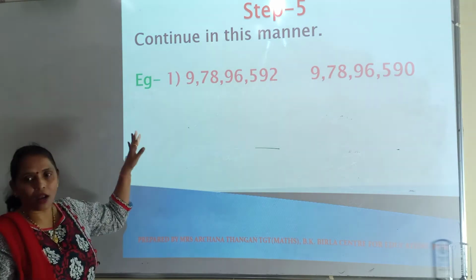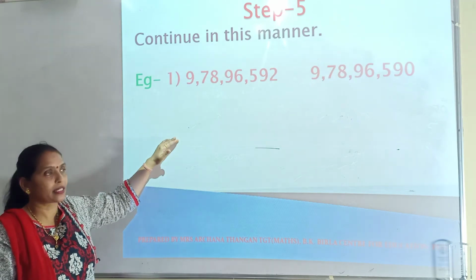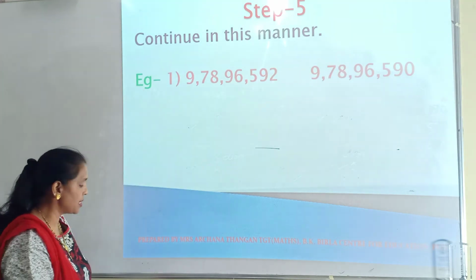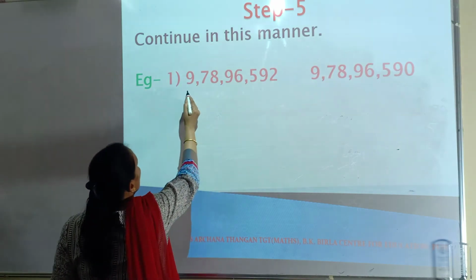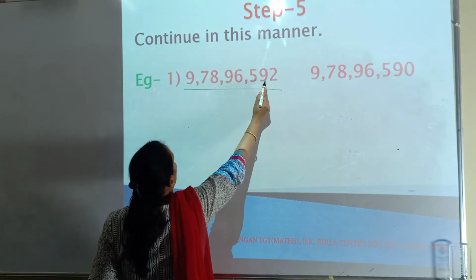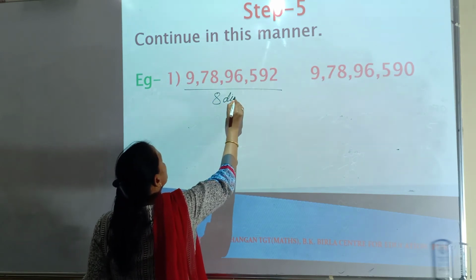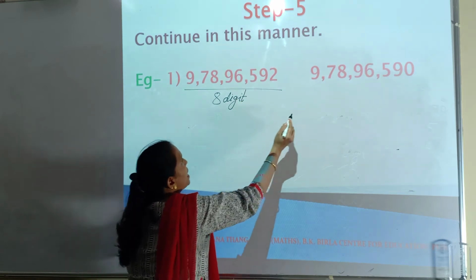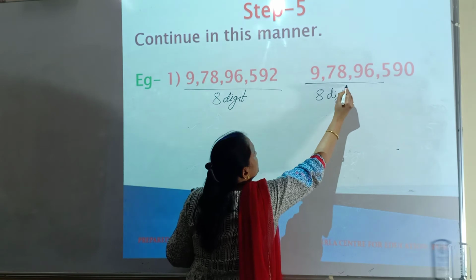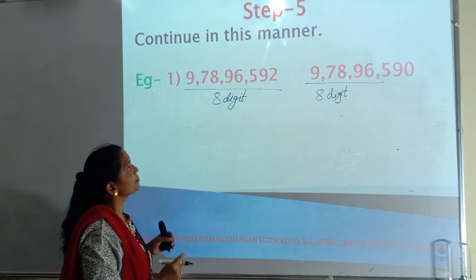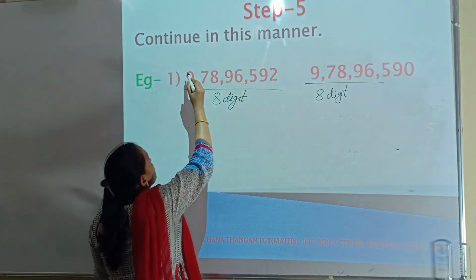So this is the way you have to continue these steps. You have to check the digits. In a similar way you have to check the digits. Now this is the next. Here we have an 8 digit number: 1, 2, 3, 4, 5, 6, 7, 8. This is an 8 digit number, and this is also an 8 digit number. Now next we have to check the first digit.